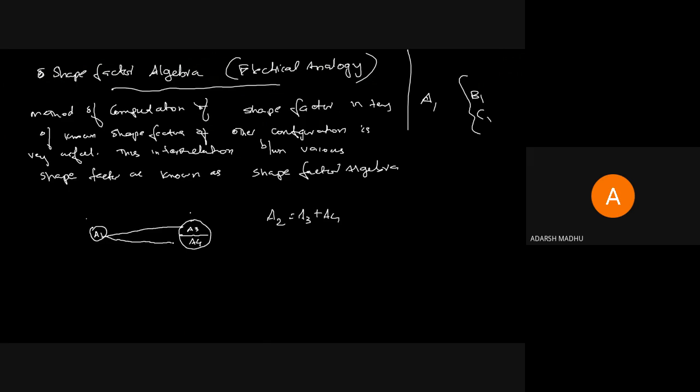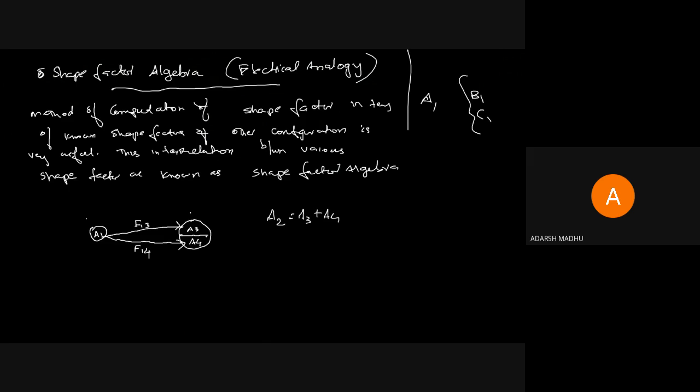So shape factor for A1 to A3 can be called F13, and here it is F14. Okay, F13 and F14. So there is radiating energy from A1 to A2, and A2 can be divided into A3 and A4. Therefore there are two radiating energies, A1 to A3 and A1 to A4.